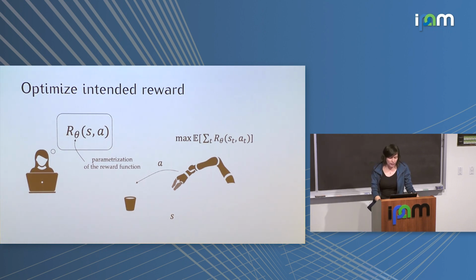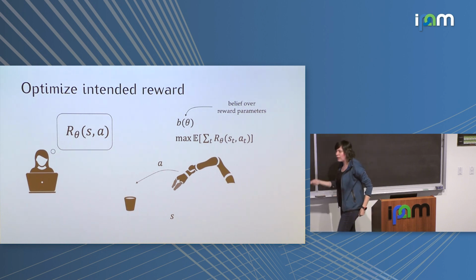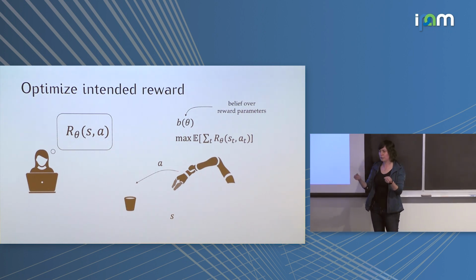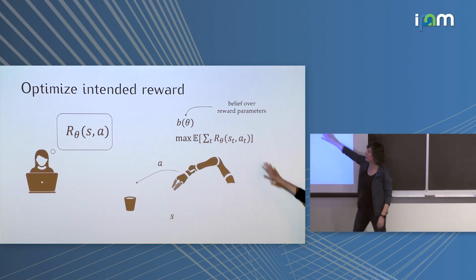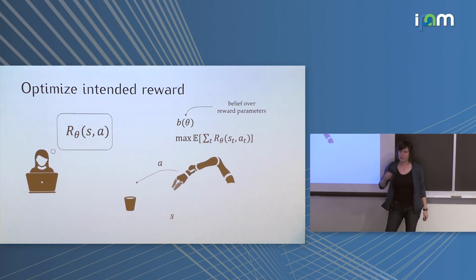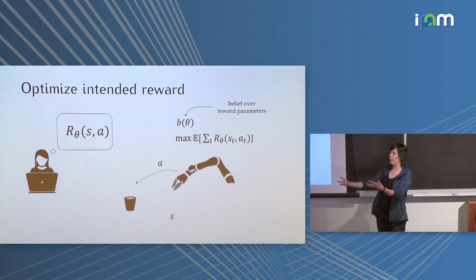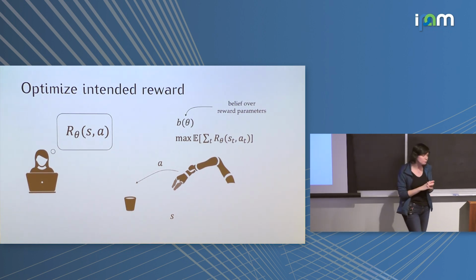And now the idea is that the robot doesn't get to see theta directly. This is hidden state. And so what it needs to do is actually have some belief over theta, try to estimate it somehow so that it can actually do well with respect to this R theta that the person would like for it to ideally optimize.